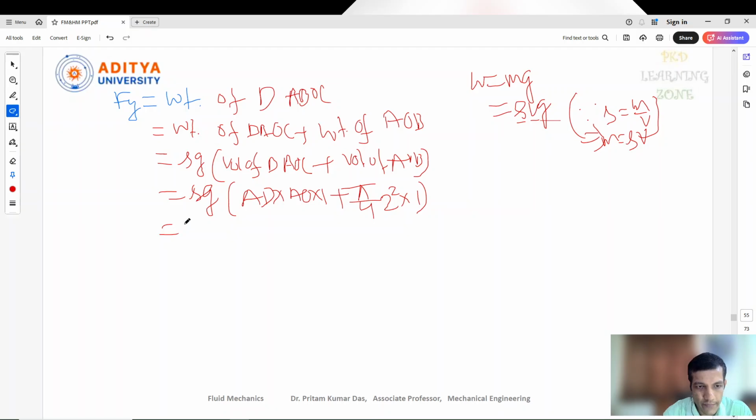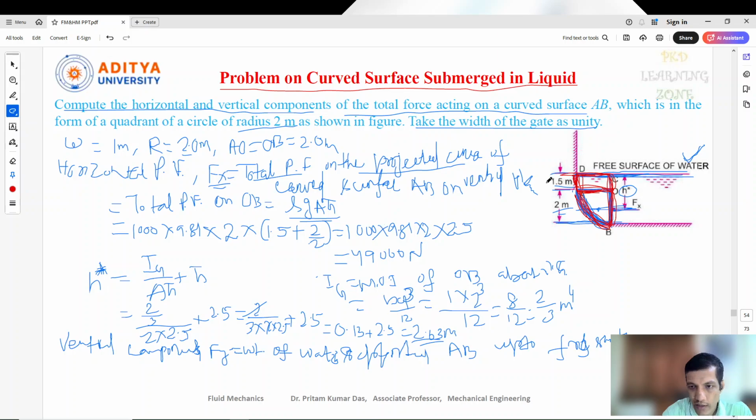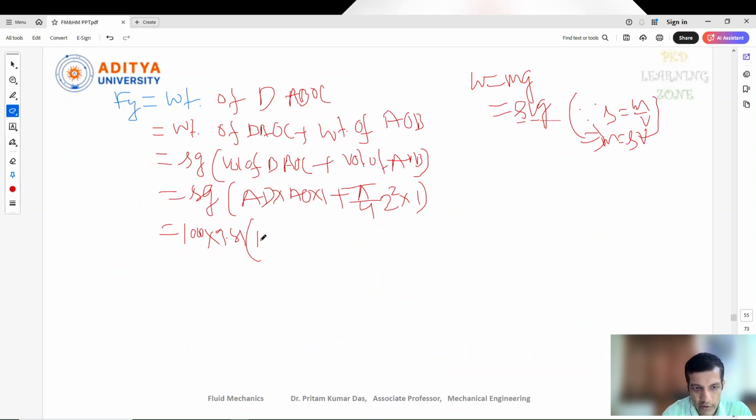Now what I'll get here: rho is 1000, 9.81. The AD value is 1.5, and AO is 2, and the width is 1, and this is pi by 4 into 4 into 1. So this 4 will be cancelled, and here I can write 9810 into 3 plus pi.